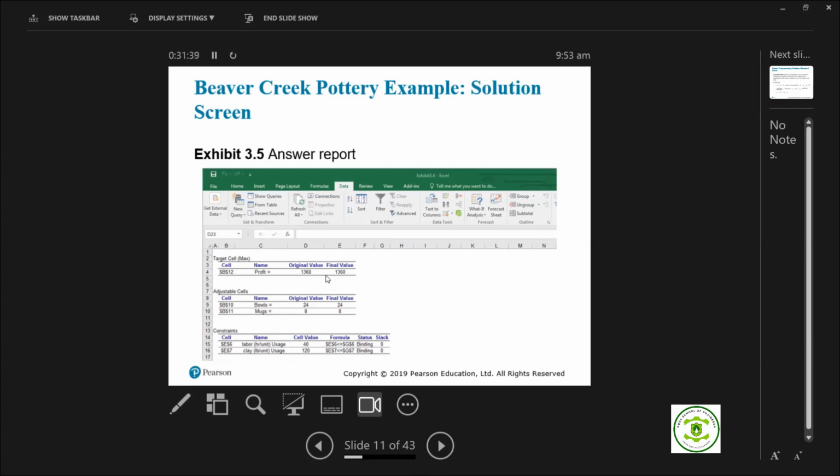And that's where the adjustable cells come in. Remember that we were looking for the values of X1, X2, which represented what? Bulls and what? Max that should be produced in order to get this maximum profit.